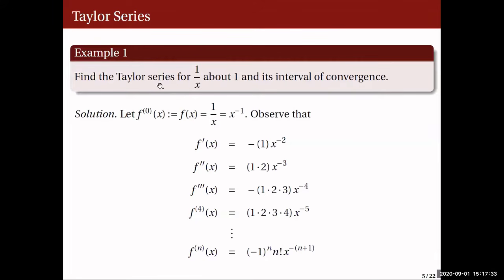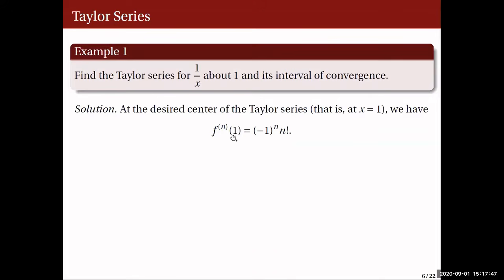Now we want to find the Taylor series for 1 over x about 1. So we compute f^(n) of 1, which is equal to negative 1 to the n times n factorial.